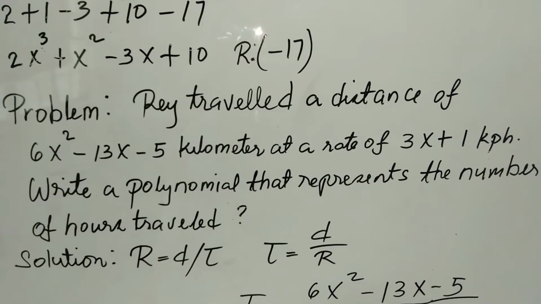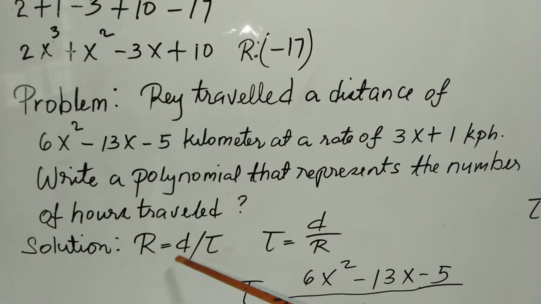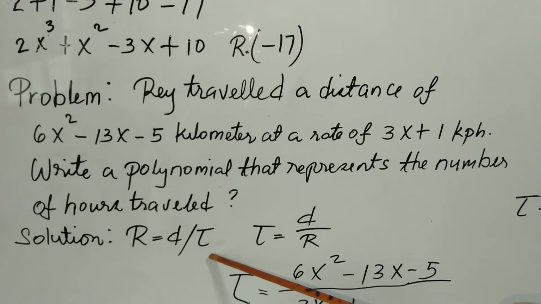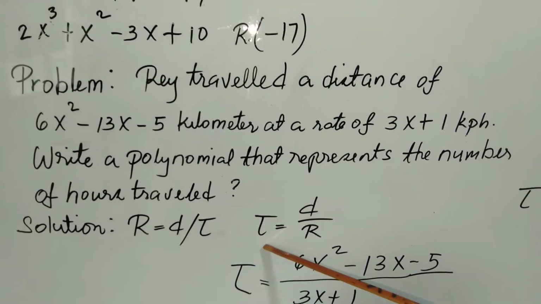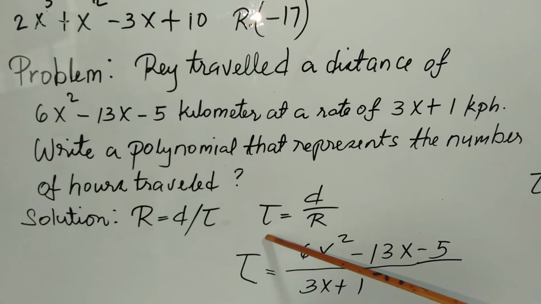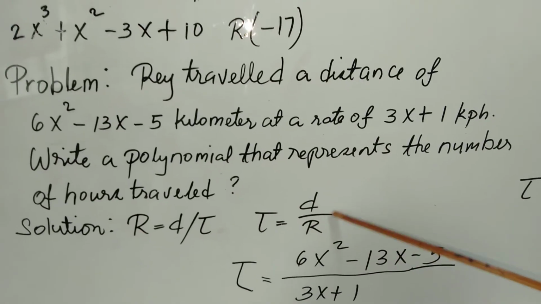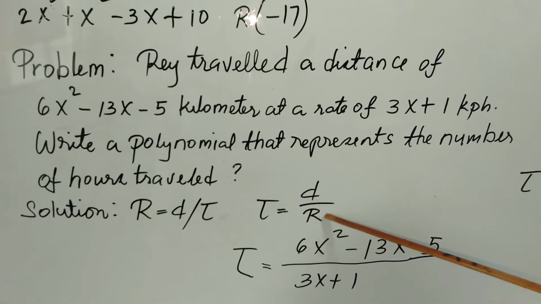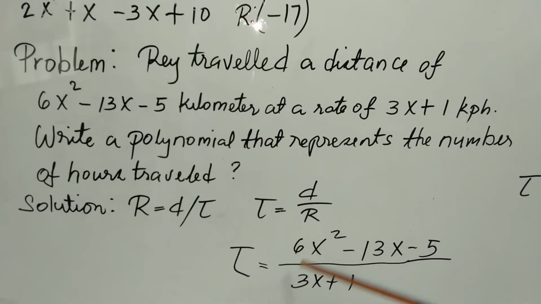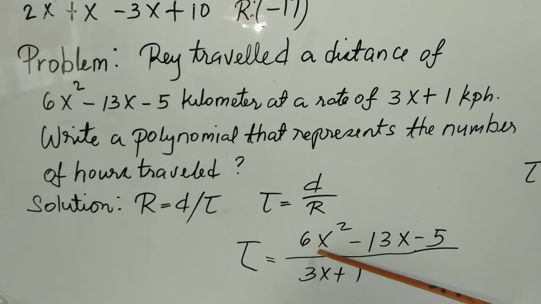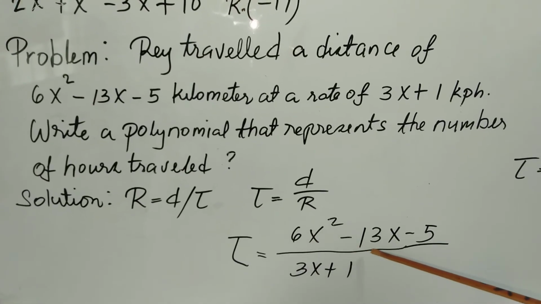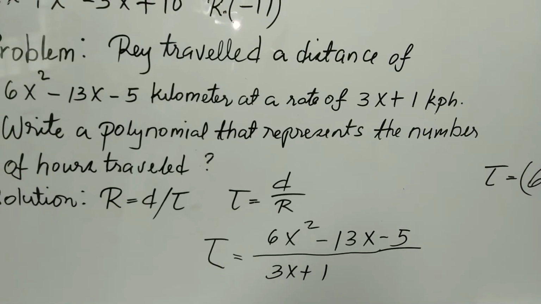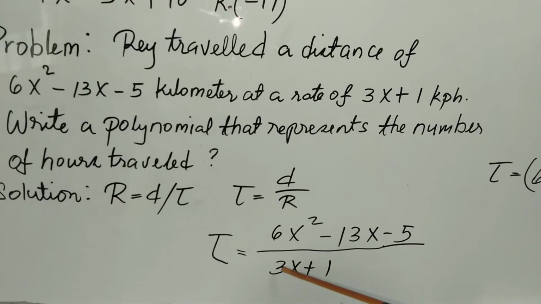Since we know that the formula for rate is distance over time, to find the time, it's equal to distance over rate. The distance is given as 6x squared minus 13x minus 5, so we divide it by 3x plus 1.